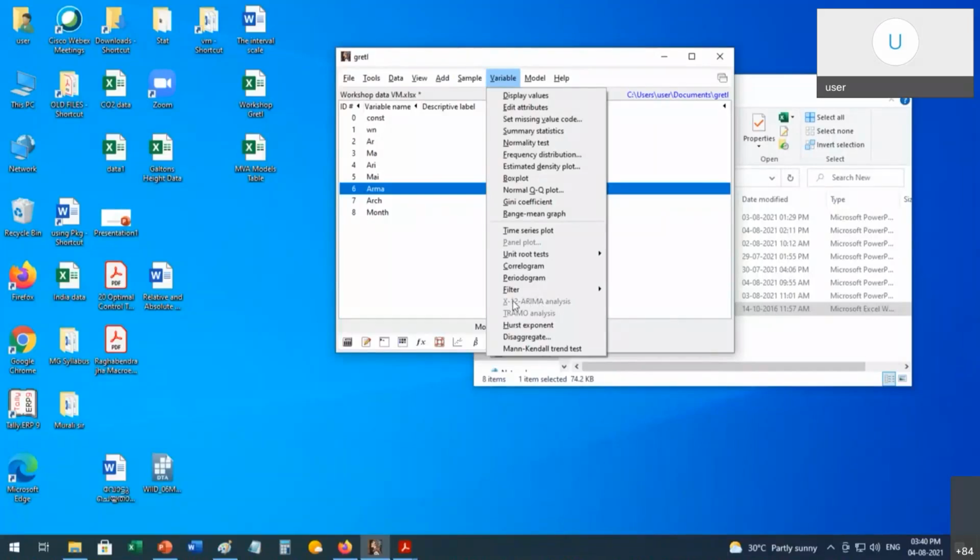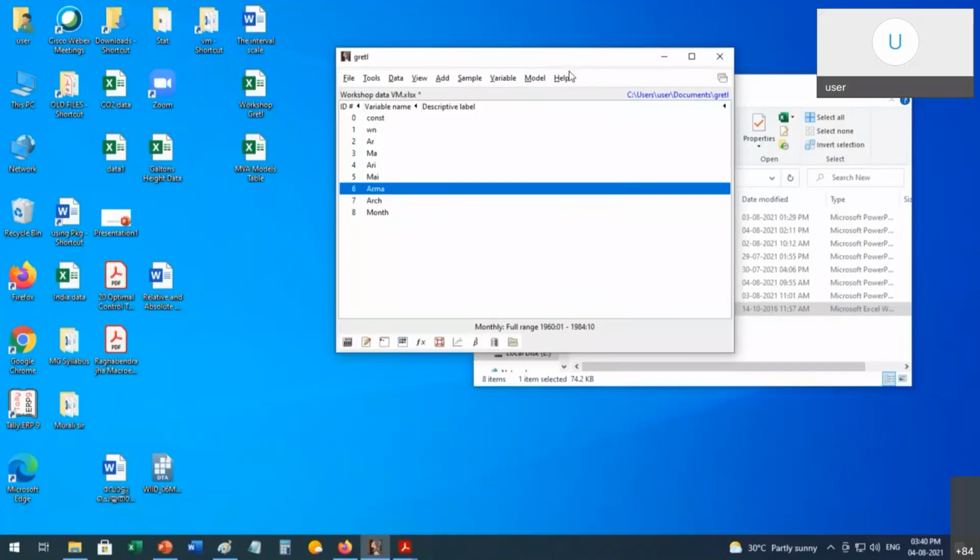This X12 ARMA analysis is the package given by the American Statistical Bureau. And now instead of X12 ARMA, they have X13 ARMA. All these X12 and X13 are available on the Gretl website. So anyway, we have this particular one.